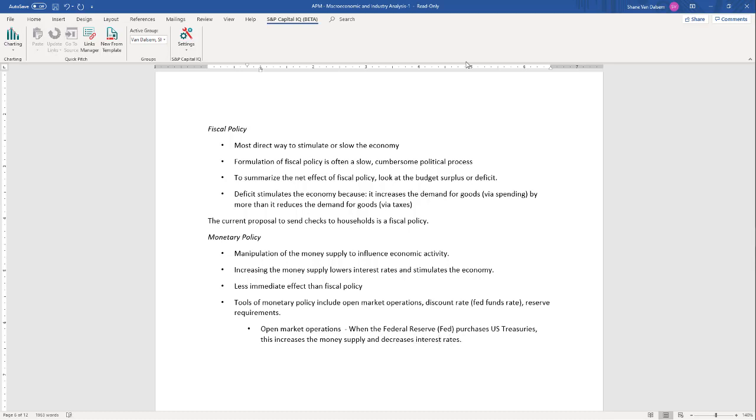Okay. The opposite is true when the Fed sells U.S. Treasuries, and they have trillions of dollars worth of U.S. Treasuries. This decreases the money supply and increases interest rates.